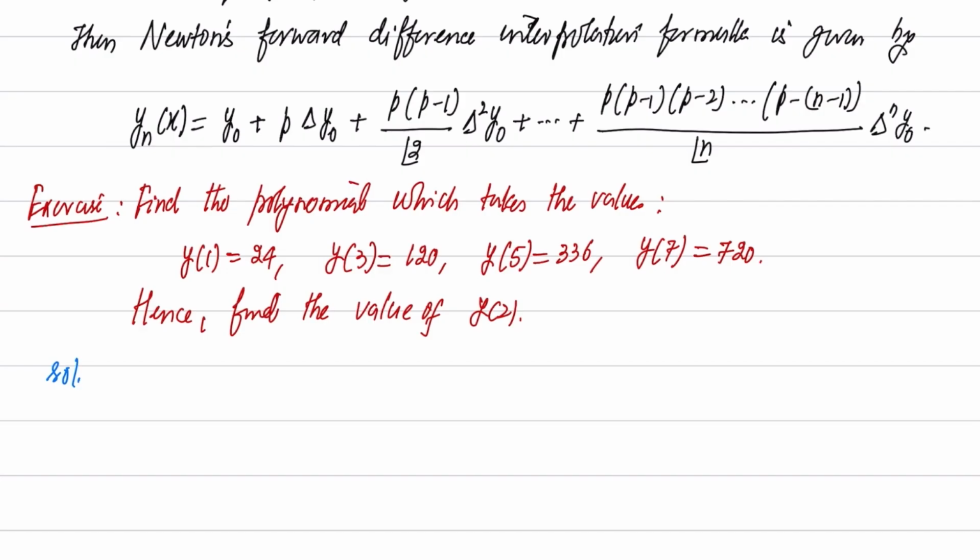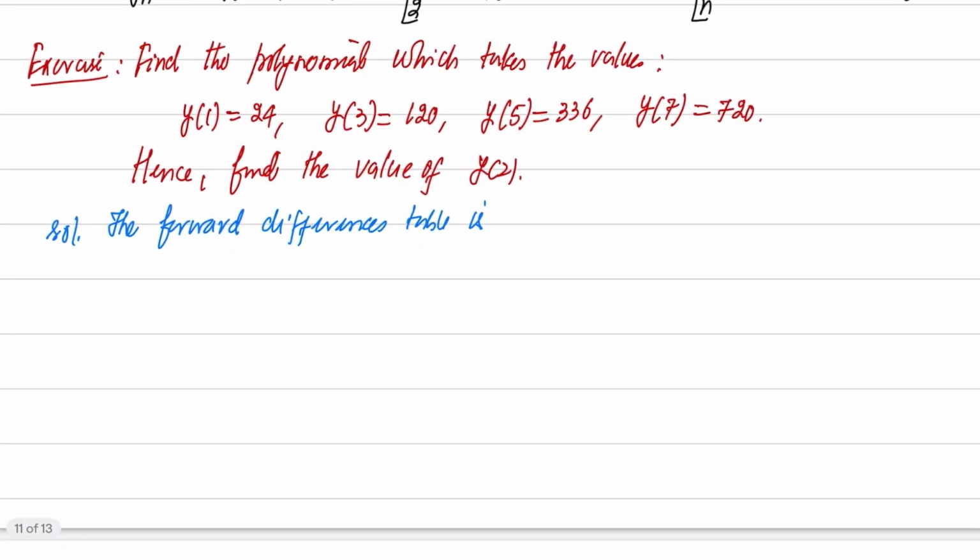Okay, so our solution is, we will form the first forward difference table. So as we have already discussed the forward difference table for the same set of values 1, 3, 5, 7, then values of y are 24, 120, 336 and 720.